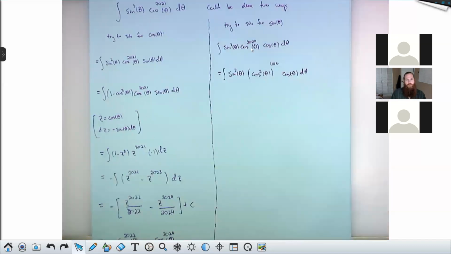Right, so if I want to rewrite a large even power of cosine in terms of sines, I need to write it as cos squared raised to some other power. So like cos to the 4 would be cos squared squared. Cos to the 6 would be cos squared cubed. Cos to the 8 would be cos squared to the 4. Cos to the 2020 is cos squared to the 1010.